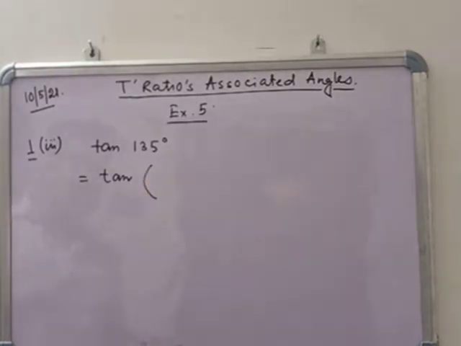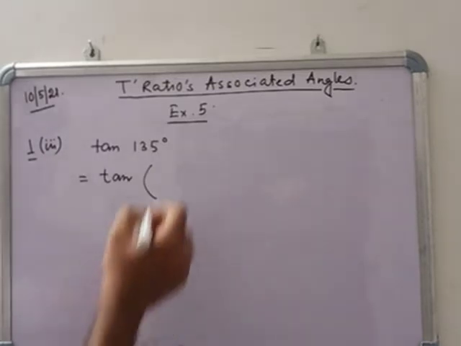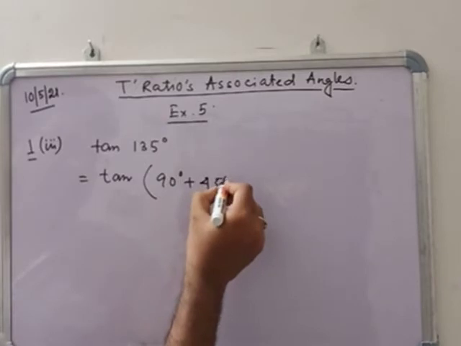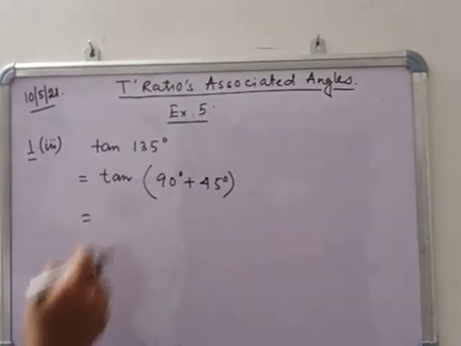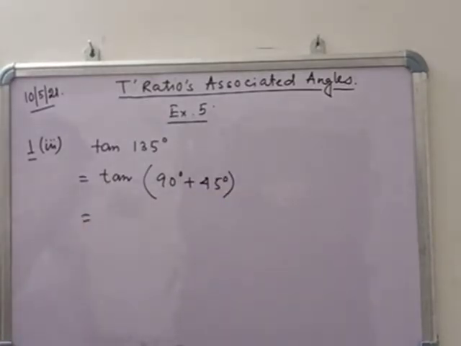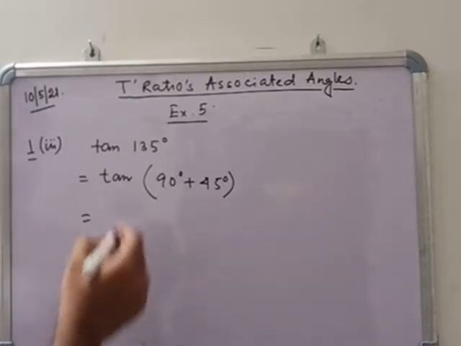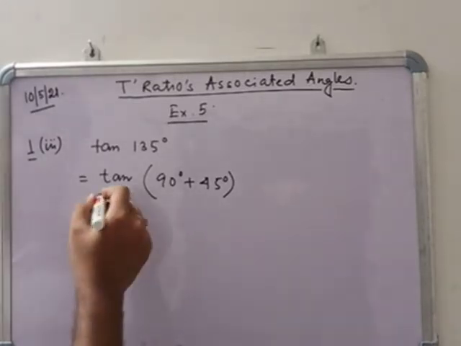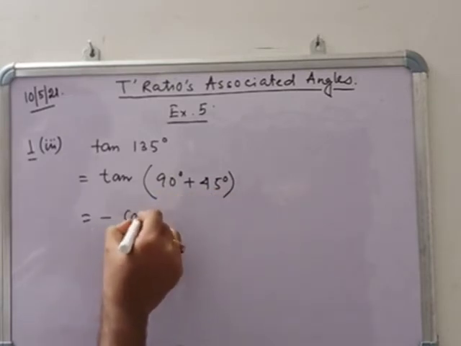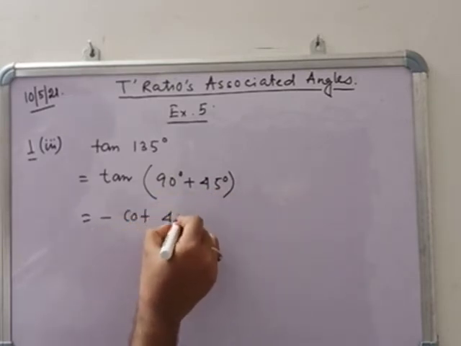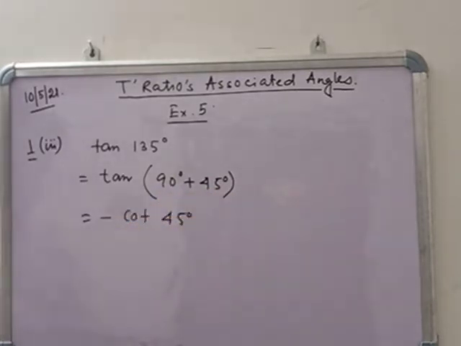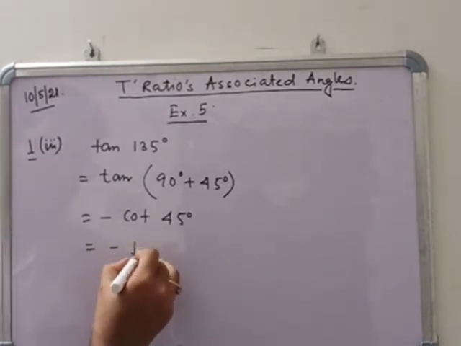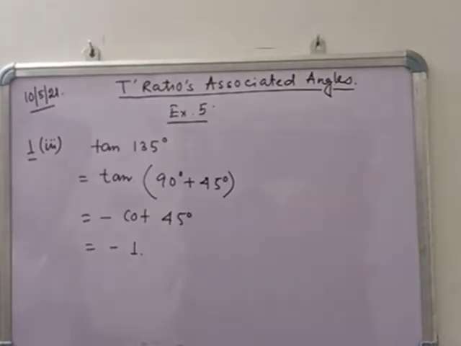If we write in the plus form, we can write 90 degrees plus 45 degrees. Since it is in the second quadrant, tan is minus. And tan of 90 degrees plus theta equals minus cot theta. So minus cot 45 degrees. So this is minus 1.